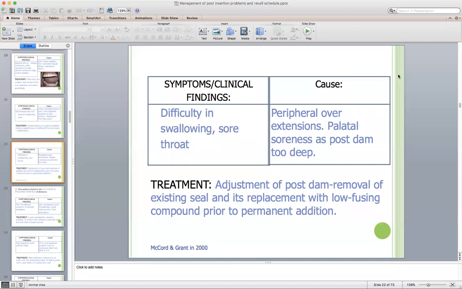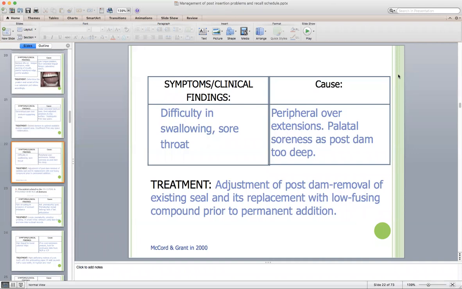So if that is the case, we need to see the distal extension of both the maxillary and the mandibular denture. Now, how to actually see this is adjustment of the post dam, that is removal of the existing seal and its replacement with low fusing compound prior to permanent addition.